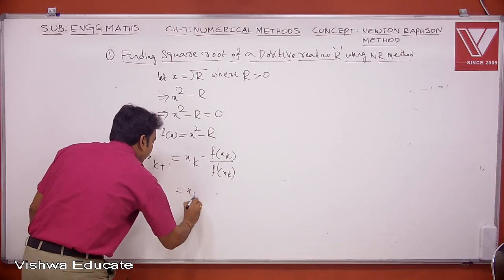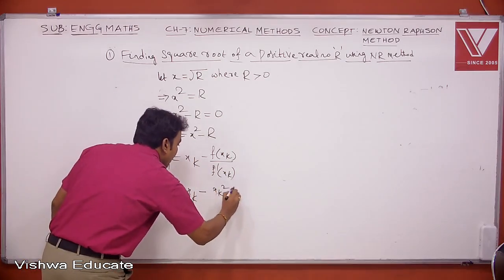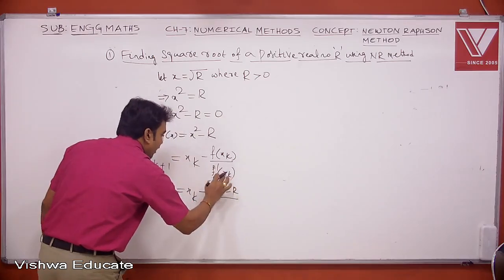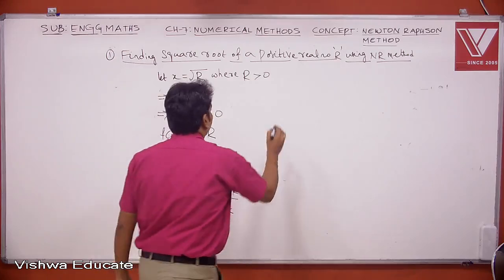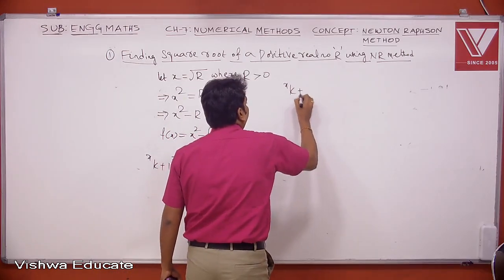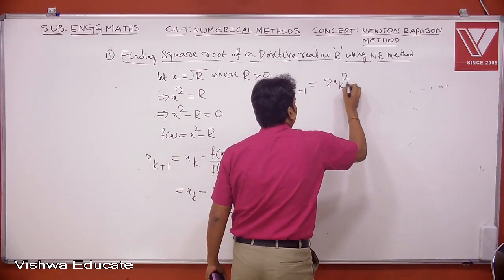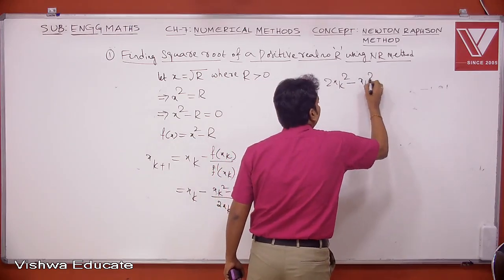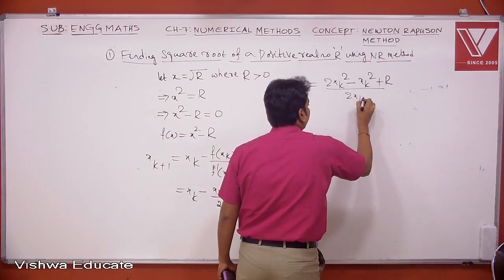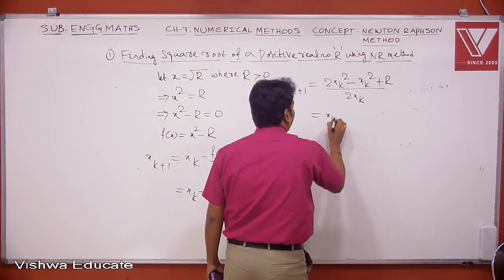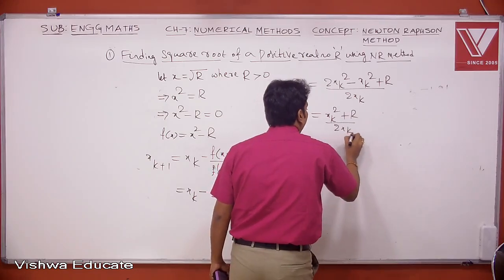This is xk minus xk square minus R divided by its derivative, which is 2xk. Simplifying, we get 2xk square minus xk square plus R divided by 2 times xk, which is xk square plus R divided by 2xk.